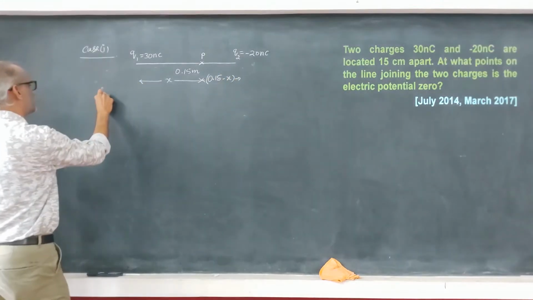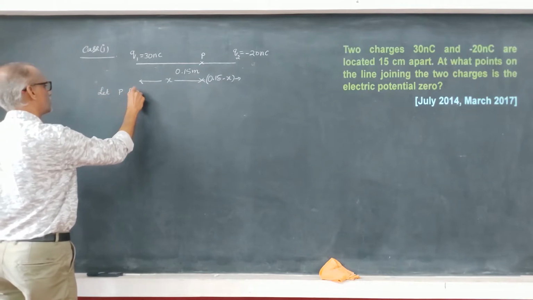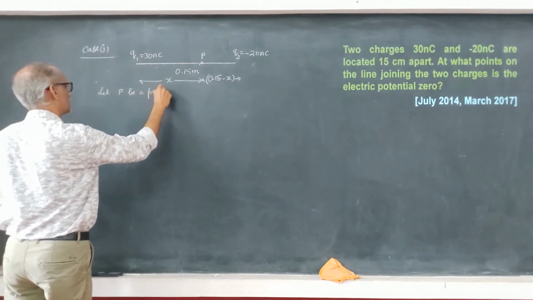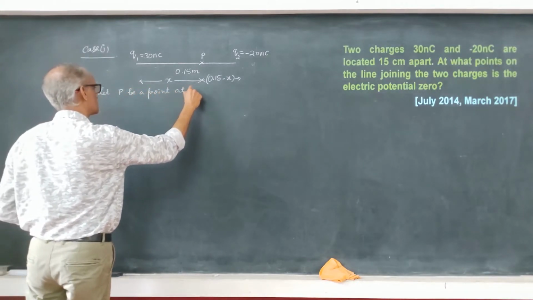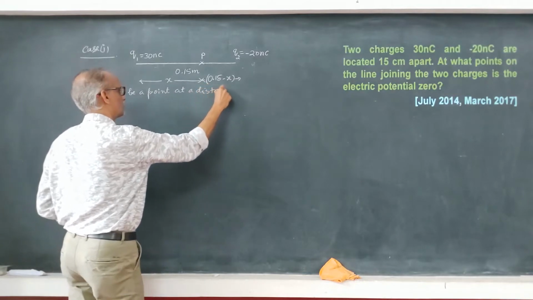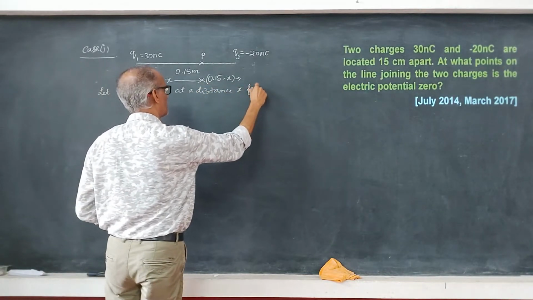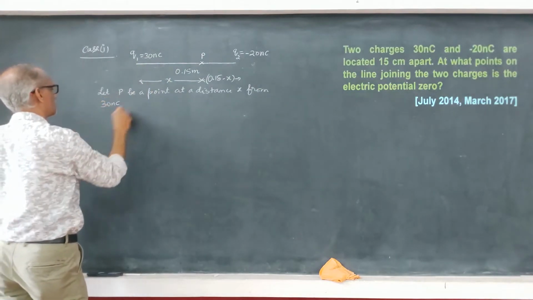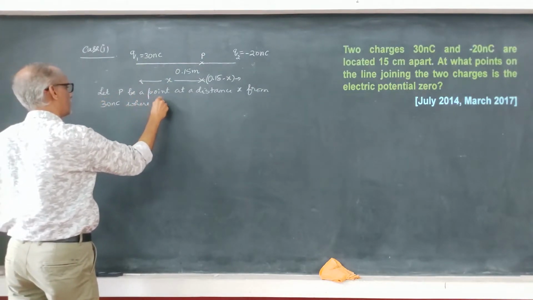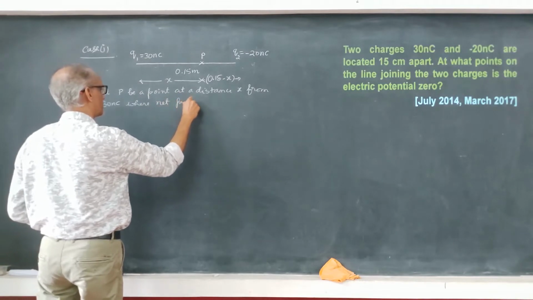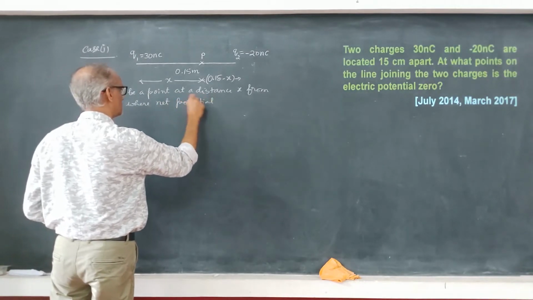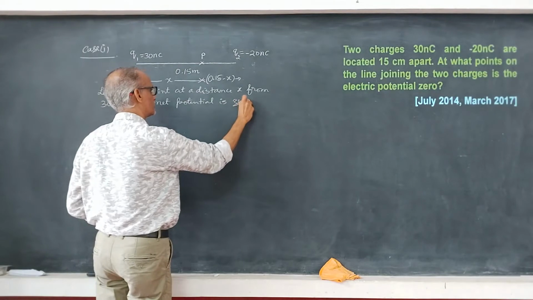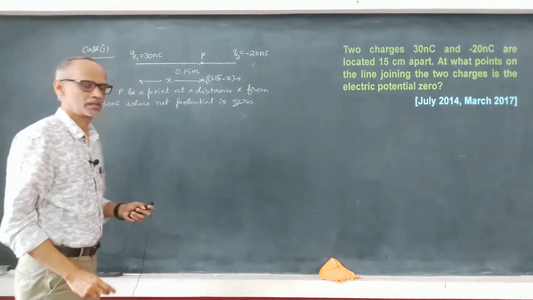So let P be a point at a distance x from 30 nanocoulomb, where net potential is 0. So let's use the formula.